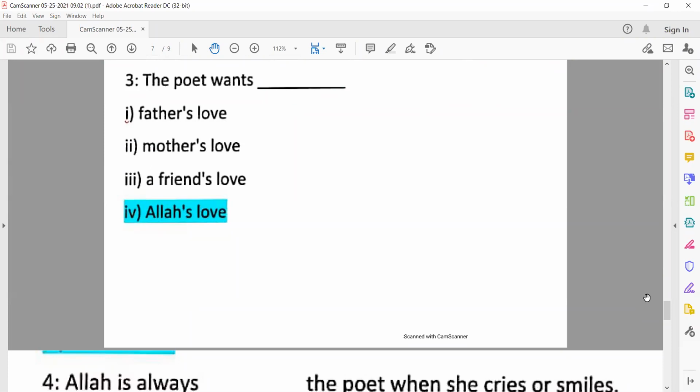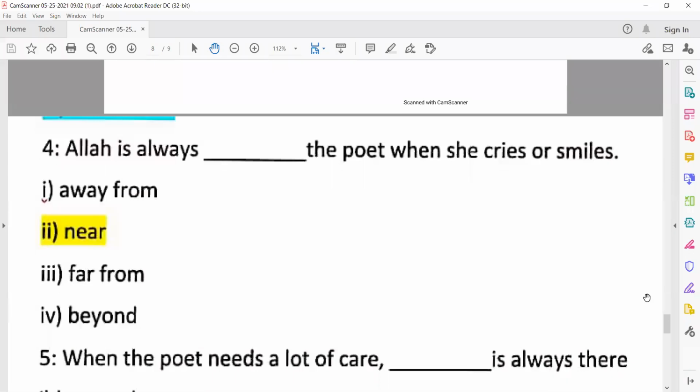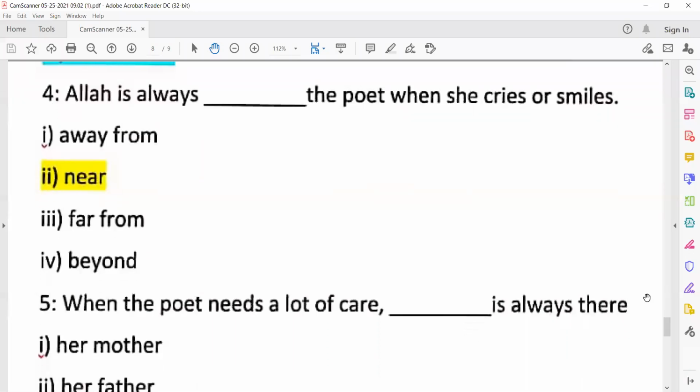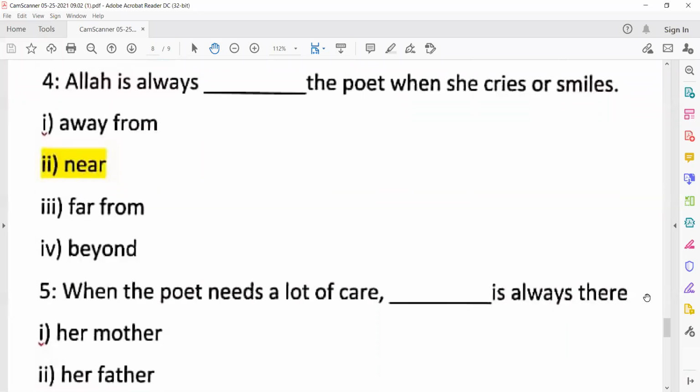Allah's love, right? The fourth one is: Allah is always dash the poet when she cries or smiles. Allah is always near the poet. Okay? The fifth one is: when the poet needs a lot of care, dash is always there. Her mother, her father, Allah, her brother. Allah is always there.